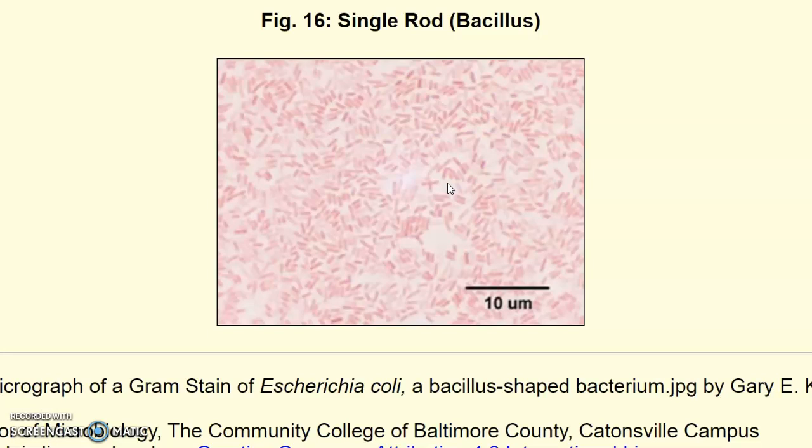For instance, Bacillus anthracis. That's the scientific name of the causative agent of anthrax. So we can use the term Bacillus to refer to the shape or to refer to the actual genus name. So just make sure that you pay attention to that. So this is our rod-shaped, our Bacillus bacterium.